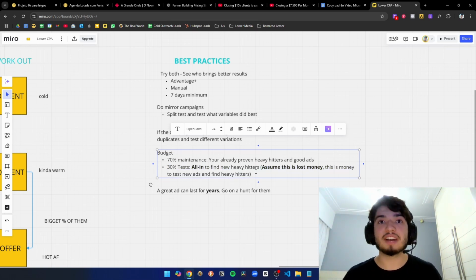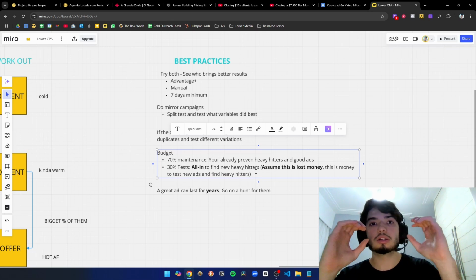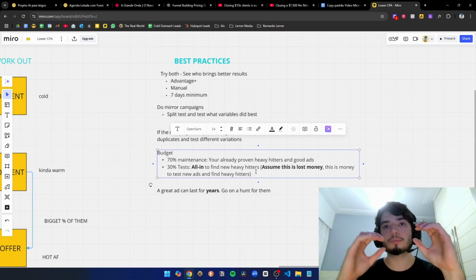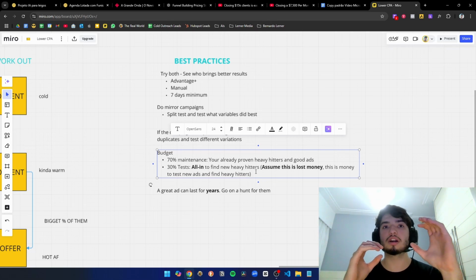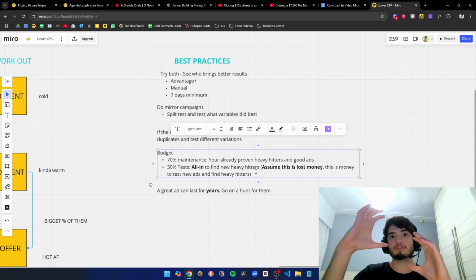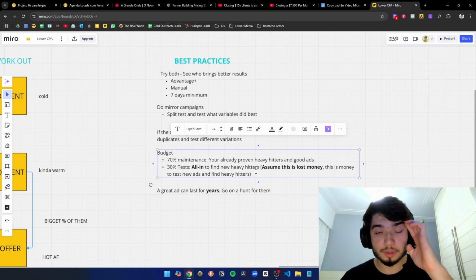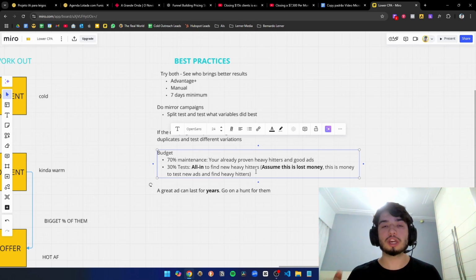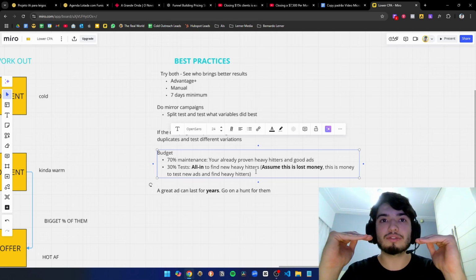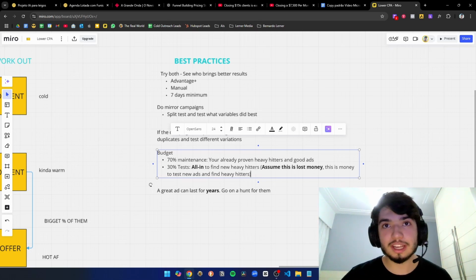And the same as investing, you have to balance this budget once in a while, because if you have some really good heavy hitters, it will reach a point where it's like 50-50 or 60-40. And you have to rebalance it to keep your sanity, basically, to keep your budget from being obliterated at some point.